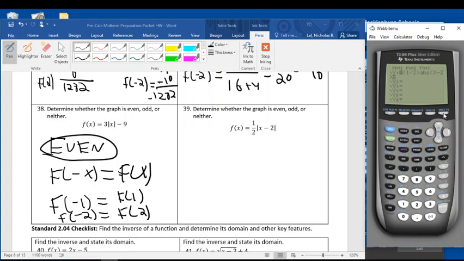Second table. Yeah. 0, 1, 1.5, negative 1, 1.5. We notice right here for 1 and negative 1, our inputs and the outputs don't have the same absolute value. So because of that, we can immediately say neither.